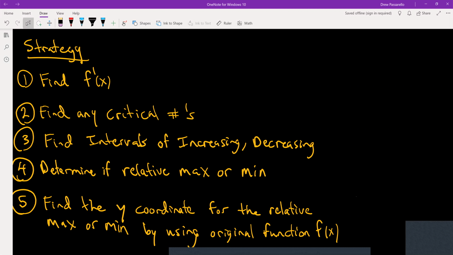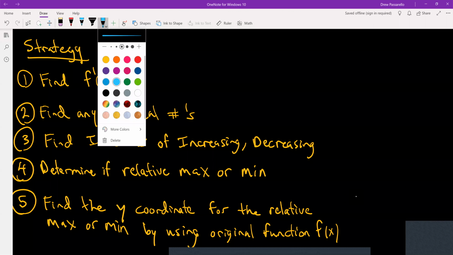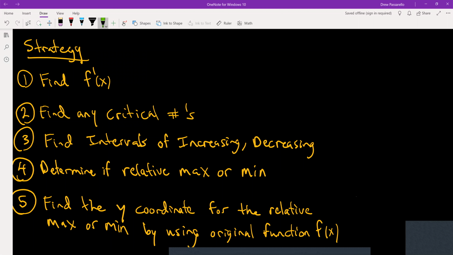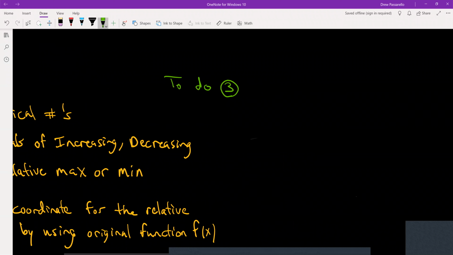So to do step 3, when we're determining intervals of increasing and decreasing, this is what the previous video covered, but in summary, we first determine the intervals based off the critical numbers.